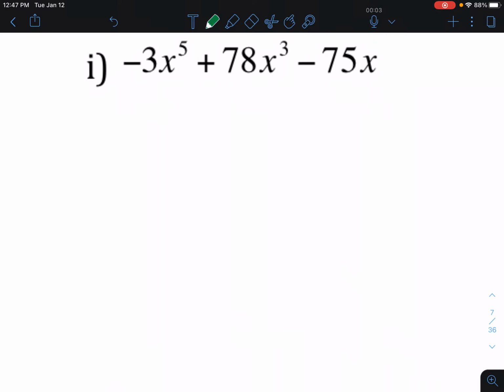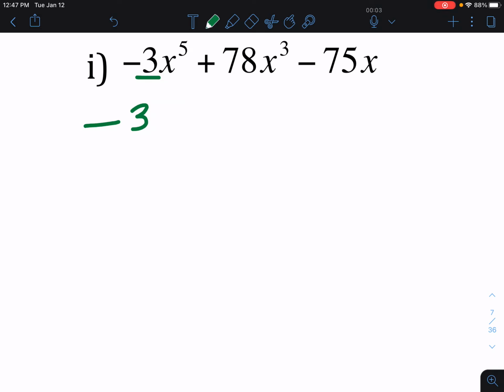Letter I. There's a GCF first. It would be negative, because it starts with a negative. And then your first term, or actually 3 does go into 78 and 75, so it would be negative 3. If you're ever unsure, what you would do is just, in a calculator, 78 divided by 3.